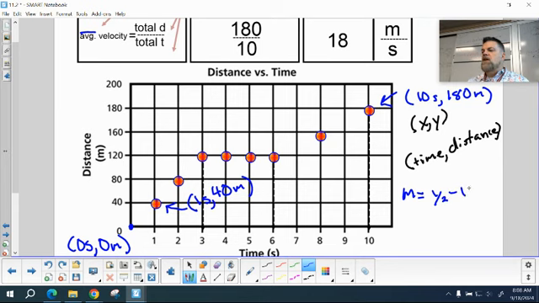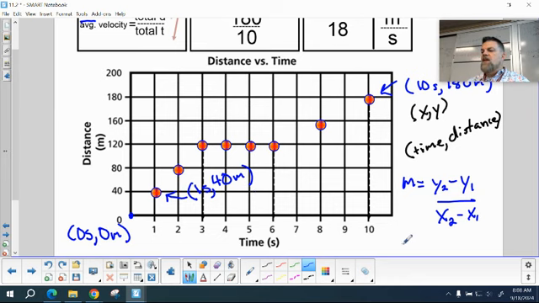If you think in terms of slope, remember that slope is y sub 2 minus y sub 1 all over x sub 2 minus x sub 1. If you do the math, your slope, which is actually the average velocity, is 180 minus 0 all over 10 minus 0.